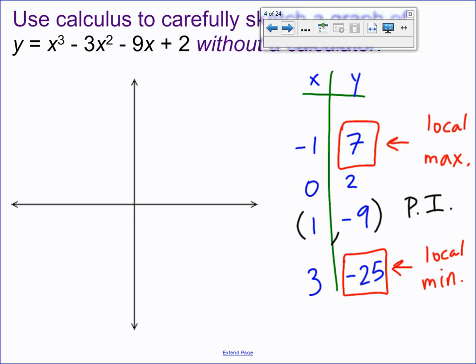Okay, so what do we need? Negative 25 is my local minimum, and then it's back increasing again. Yikes. And so I'm going to make a scale that'll just be qualitative in nature. It looks like I need to get down to negative 25, so maybe I go 5, 10, 15, 20, 25.